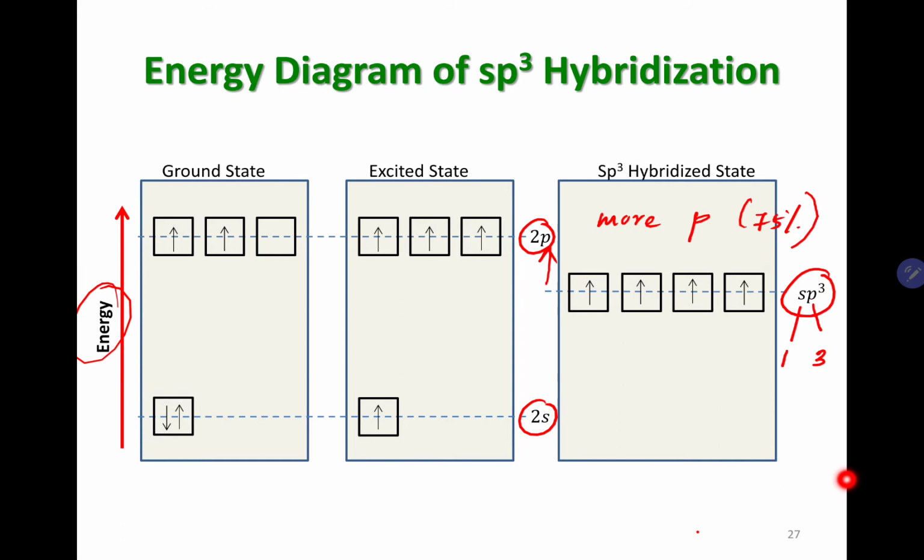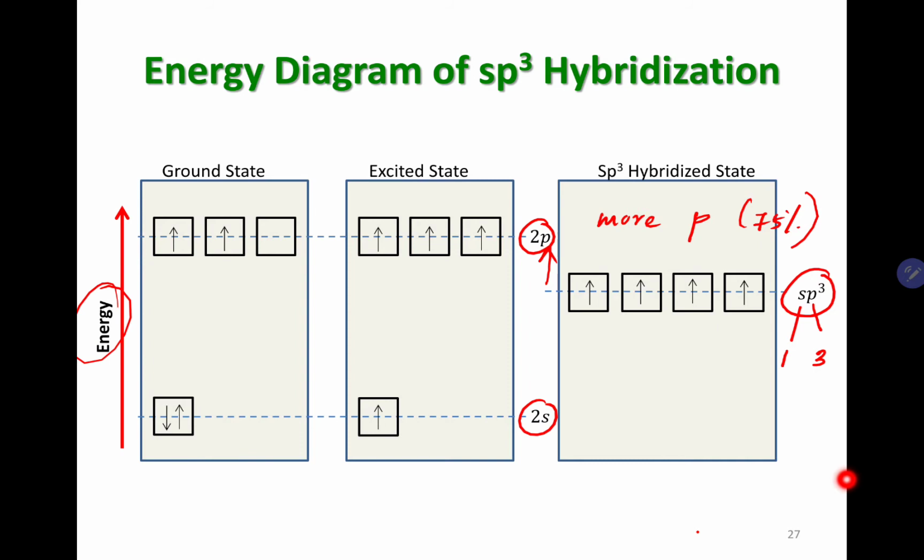But the good thing about these hybridizations is that all four of these hybridized orbitals are equivalent. You can't separate them by shape or sides. All of them are equivalent.